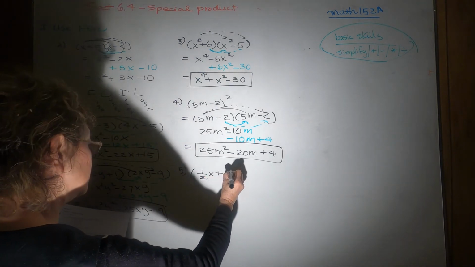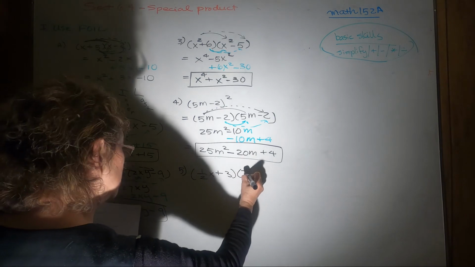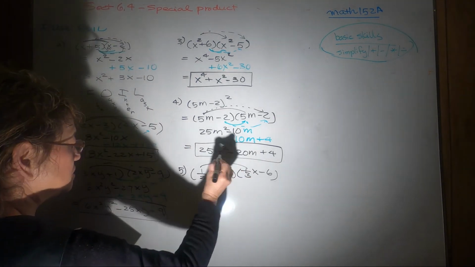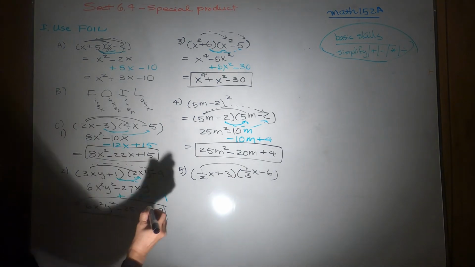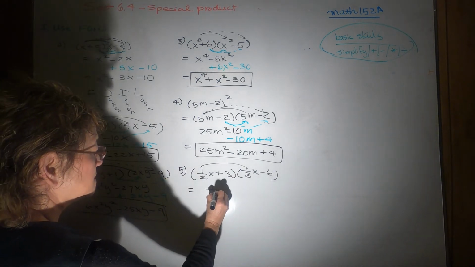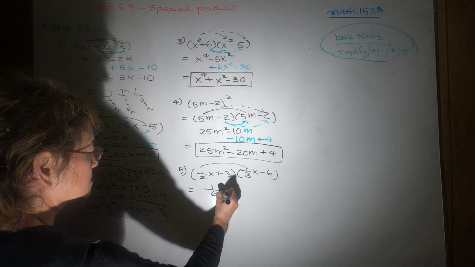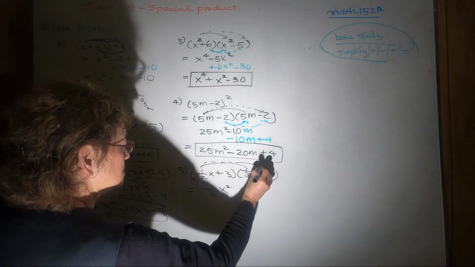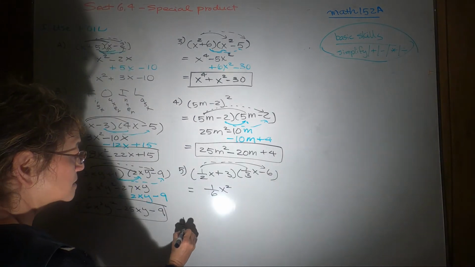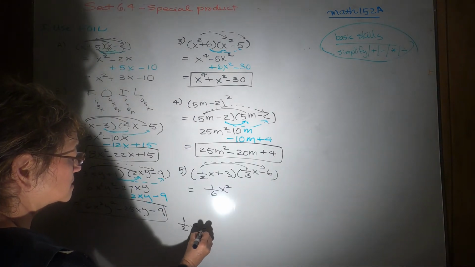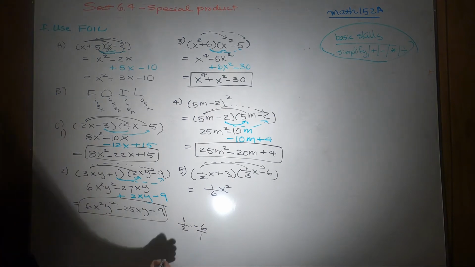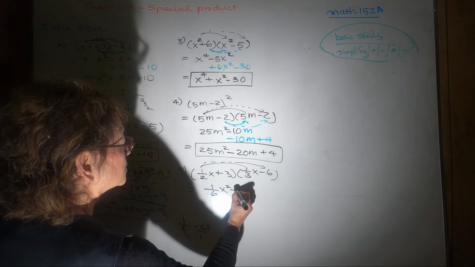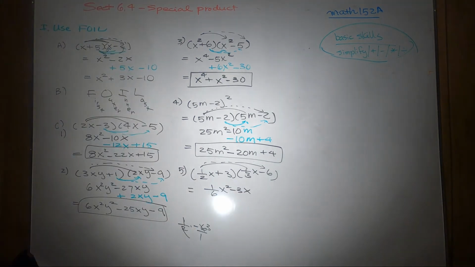Okay, so this one is a fraction, but the method is the same. So first term, 1/2 times 1/3 is what? 1/6, right? Then x squared, right? Then outer, so 1/2 times negative 6. So you put a 1 underneath, cross cancel. That would be what? Negative 3x, right?